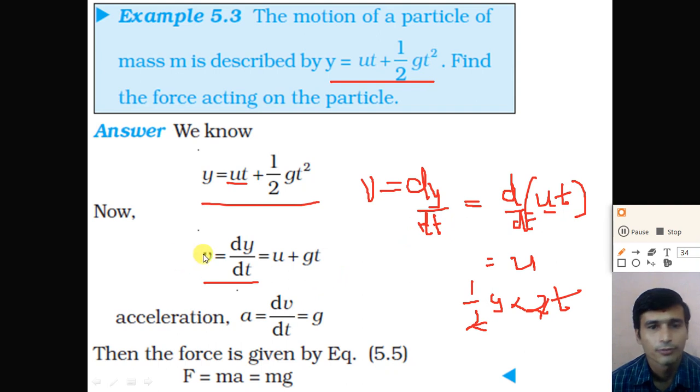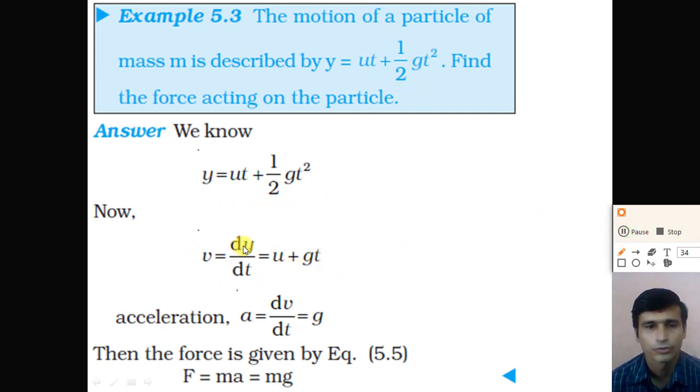So differentiating this equation, v = dy/dt gives u + gt. U, the initial velocity, is constant, the differentiation of t is 1, and for 1/2 g the differentiation of t² is 2t, the 2 cancels out, so we get gt.